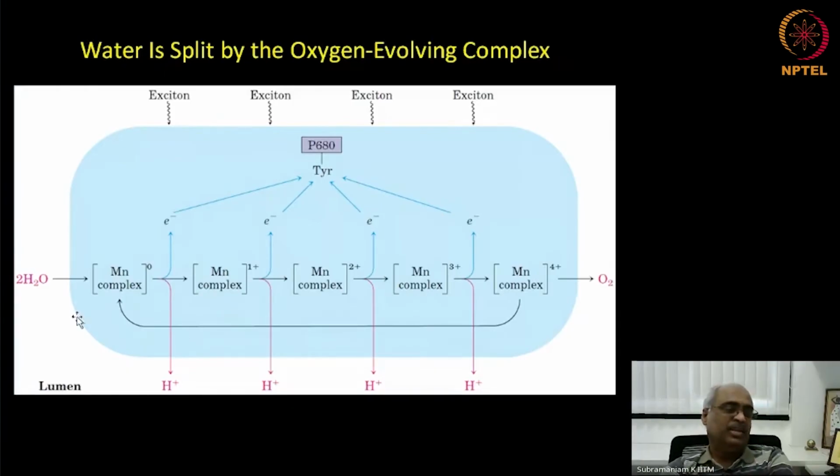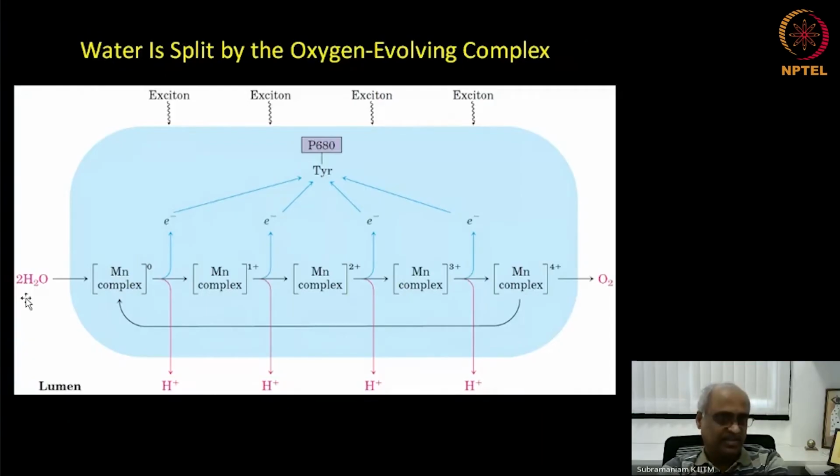But here when you split water into oxygen and protons, you get 4 electrons in one go from 2 molecules. When you produce molecular oxygen, you end up consuming 2 molecules of water. And these 4 electrons, the reaction center cannot take in one go. It will take only one at a time.